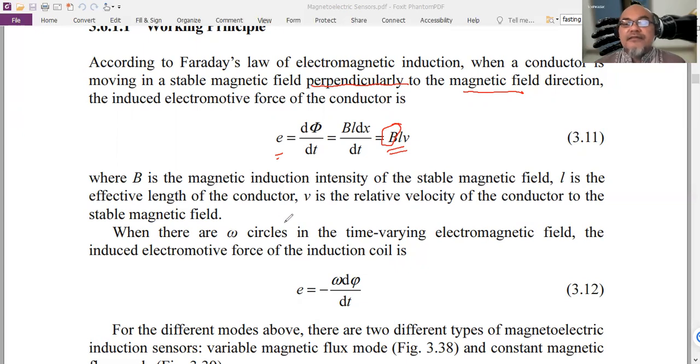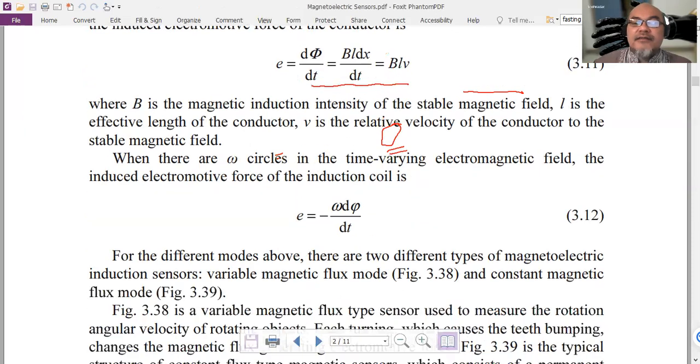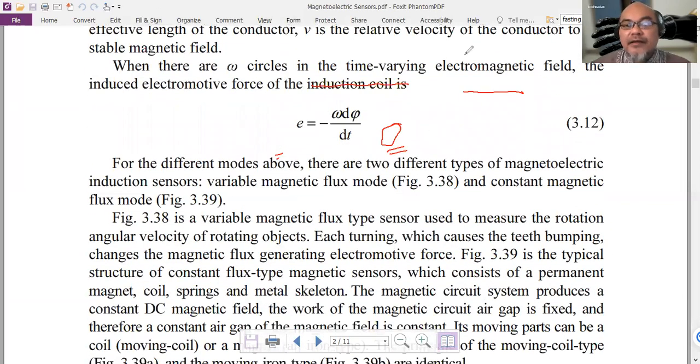If the coil has omega turns, the induced electromotive force of that induction coil, because it is caused by a coil instead of a single conductor, can be calculated using a modification of the previous Faraday formula: E equals negative omega d psi over dt.